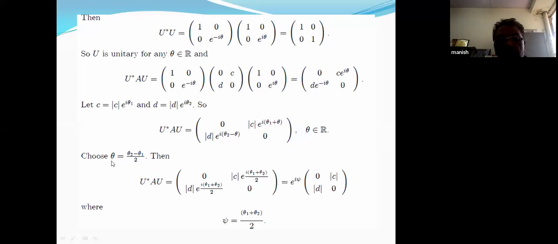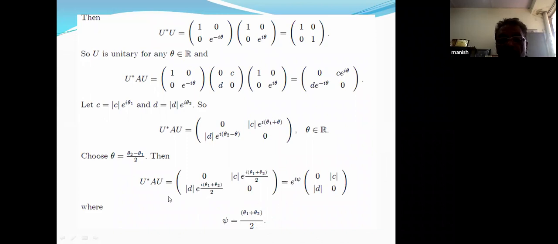Now we choose theta equal to theta 2 minus theta 1 by 2. So what we have is 0, 0, here mod C exponential iota theta 1 plus theta by 2, and the same quantity here. So we can take this common, and we have 0, 0, mod C, mod D. So psi is equal to theta 1 plus theta by 2.